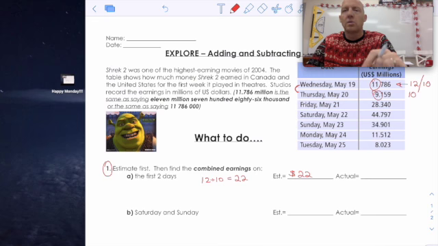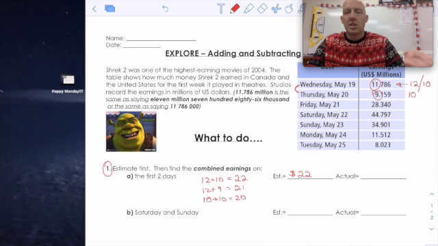I'm going to be a little bit closer to the actual if I just say 12 and 9, which is going to be 21. 12 plus 9 equals 21. Or say that you were going super easy, you didn't want to do a whole lot of work there, and you're going to round 11.7 back down to 10, and then 9 is close to 10, 20. Okay, so there we have easy estimates that are acceptable, either 20 million, 21 million, or 22.